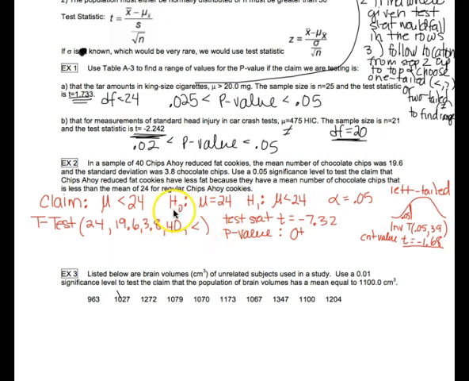So that means that I'm going to explain with both methods here. So remember that with the critical value method, the rejection region would be right here. So anything that is to the left of this negative 1.68 is going to be in the rejection region. Negative 7.32 is definitely to the left of negative 1.68.